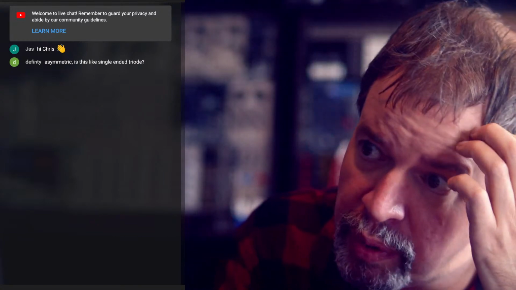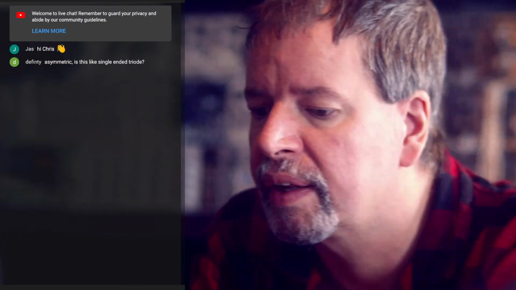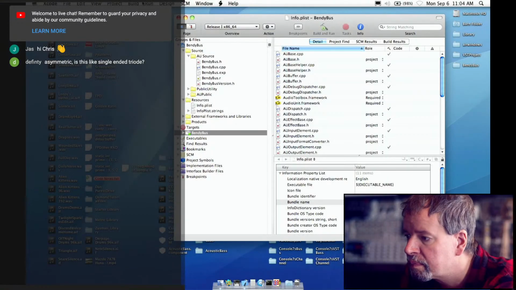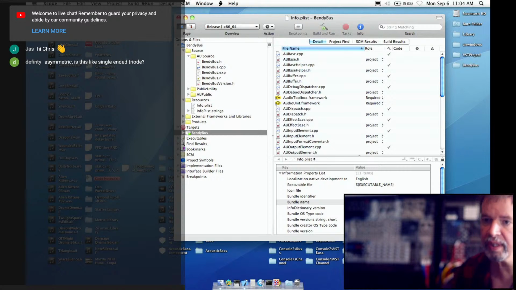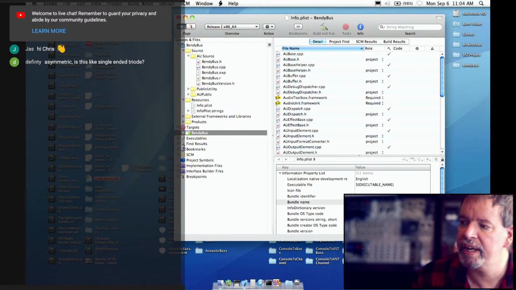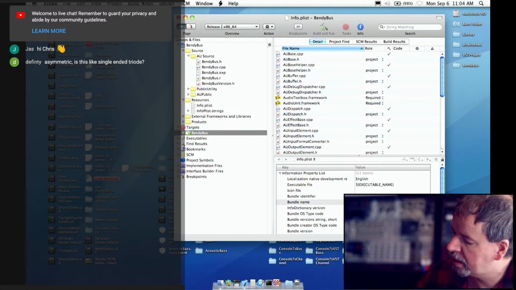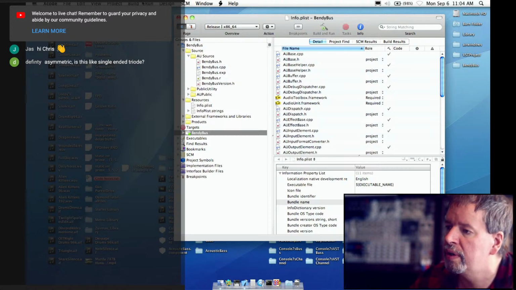But today we're doing asymmetrical distortions. And let's jump right on over and start doing it. Now, when I say asymmetric, it is not exactly like single-ended triode.